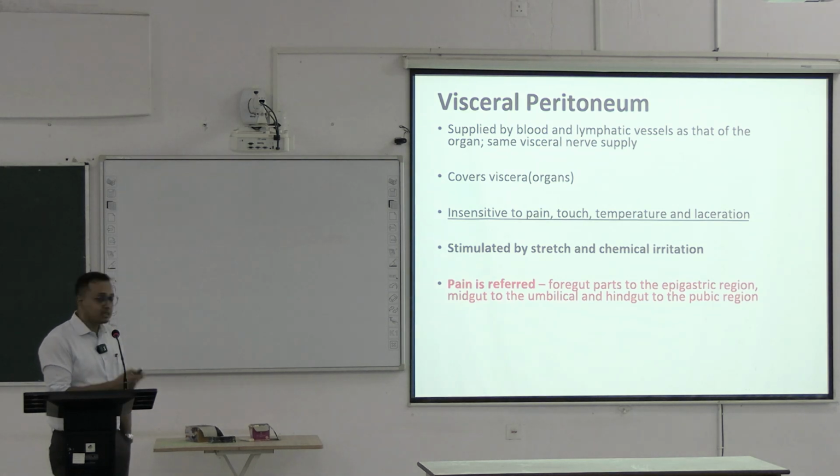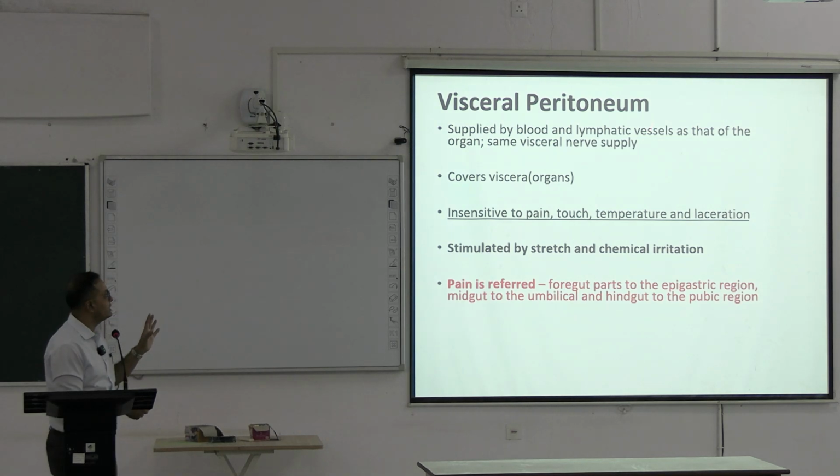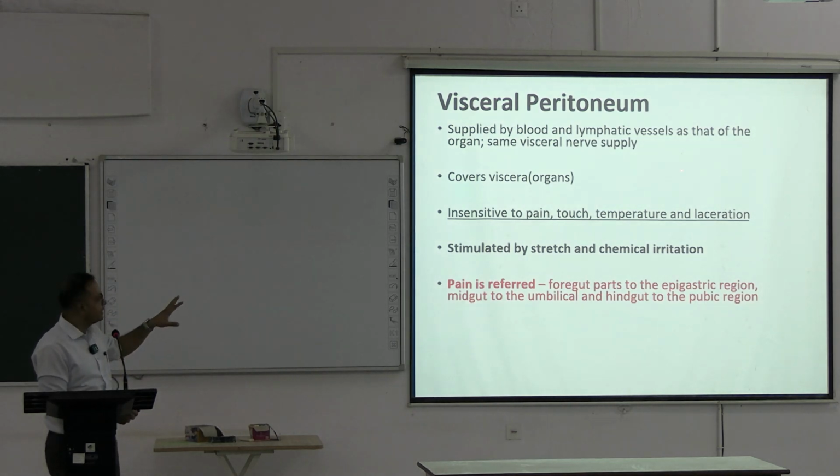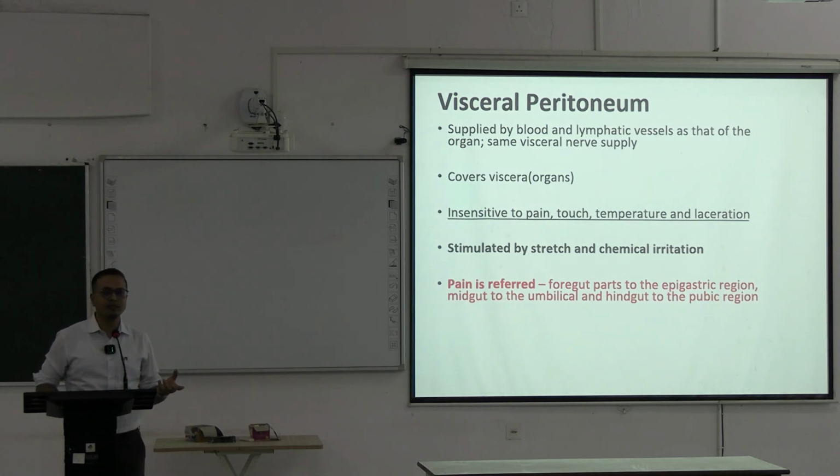The blood supply is likewise from the organs. If it is wrapping around the liver, it will be supplied by the blood supply from the liver, or gallbladder or pancreas, whatever it is covering. The lymphatic drainage will also go likewise. We have familiarity with this same thing in the parietal and visceral layers of the pleura as well.